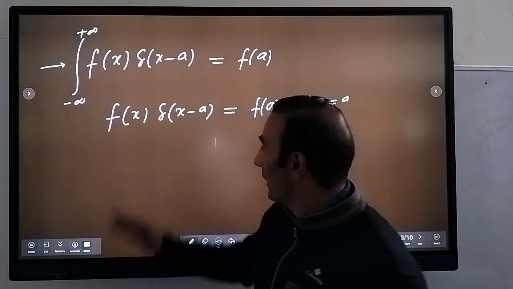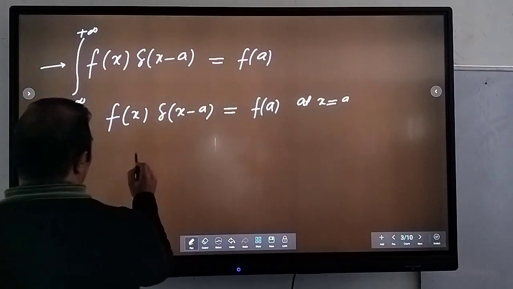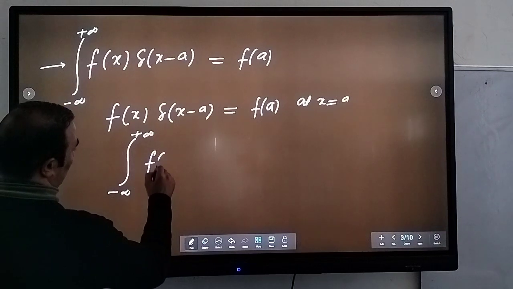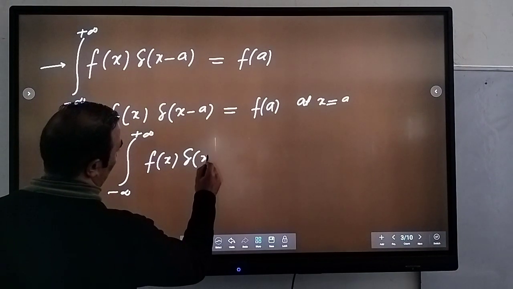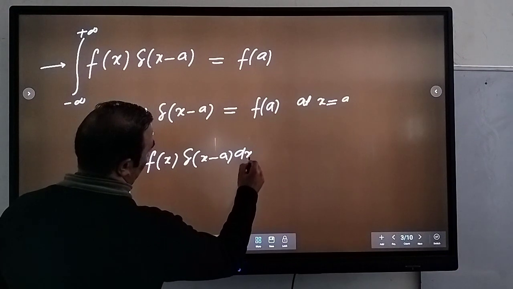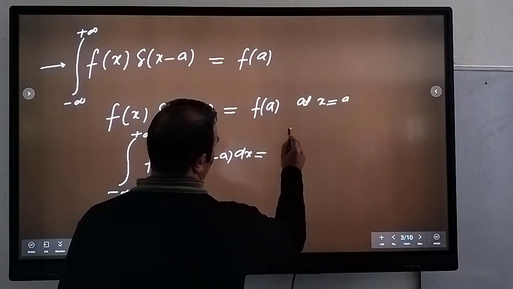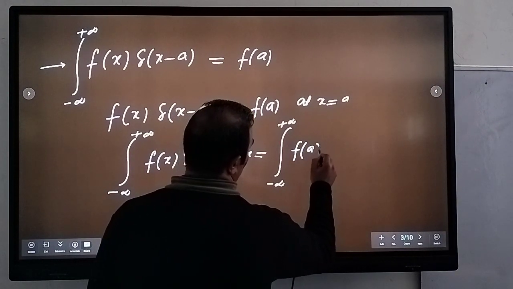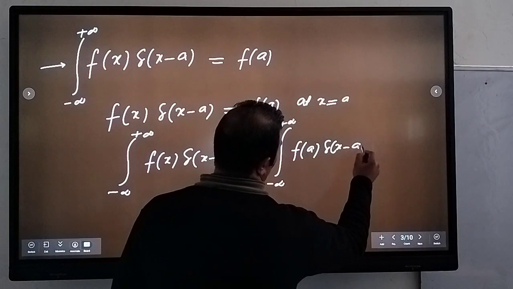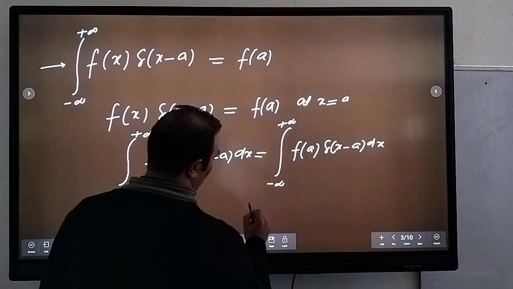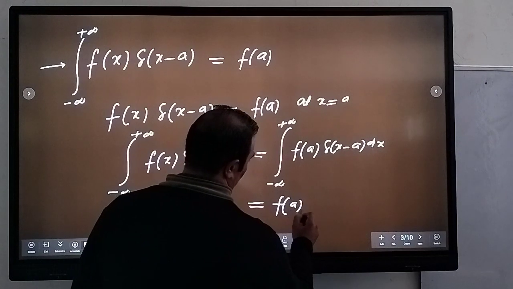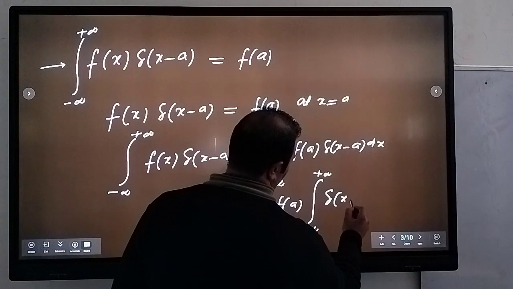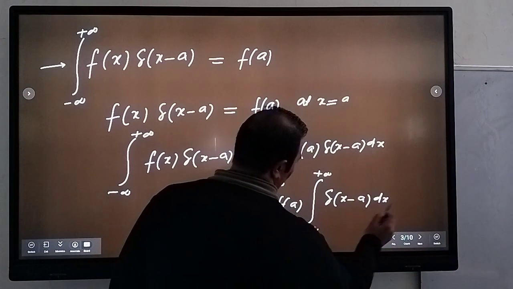So if we integrate this equation now, what should be its value?